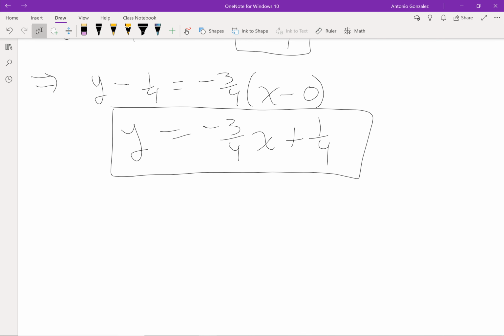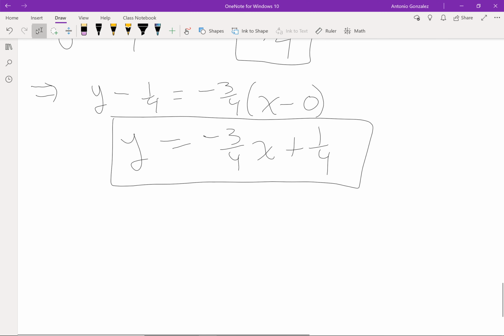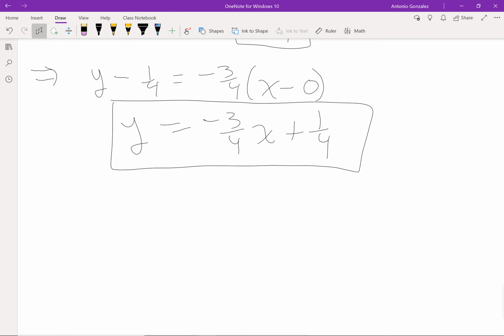So now another application here. Let's say let f of x, so another example here.